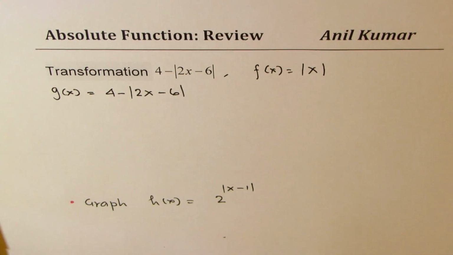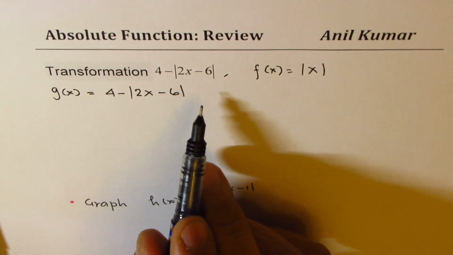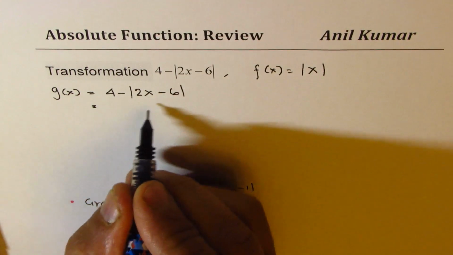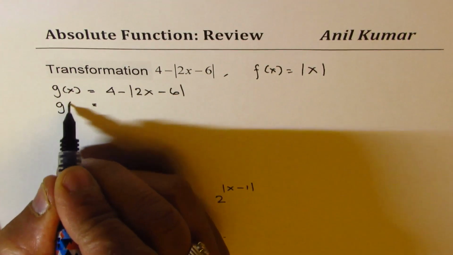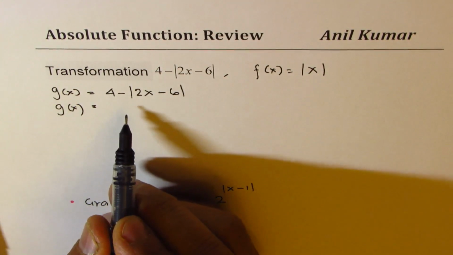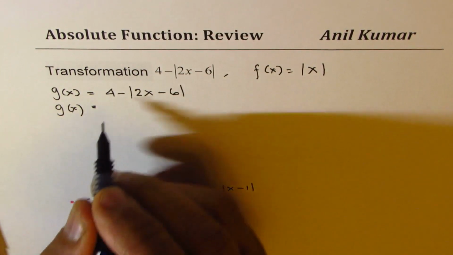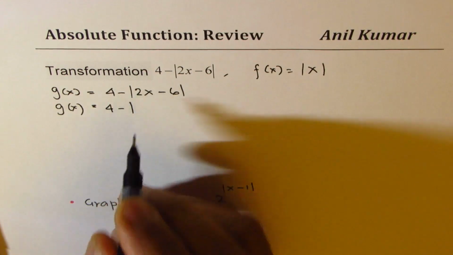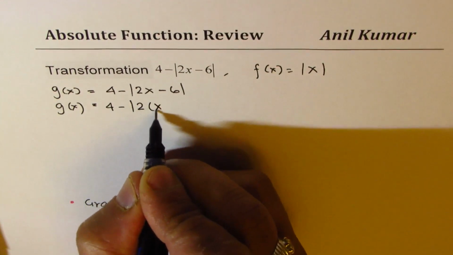Okay, so I hope you must have got your transformations listed. When I do these questions, I like to rearrange this equation into a form which is very familiar to me. So I prefer, as a first step, to factor out this 2. So if you factor this, you get x minus 3.